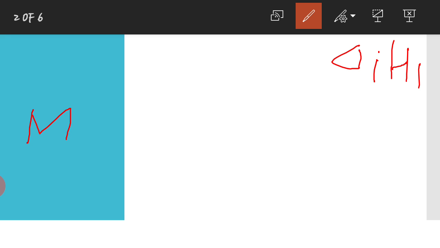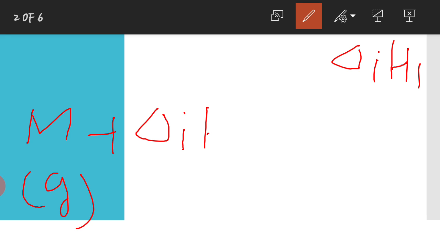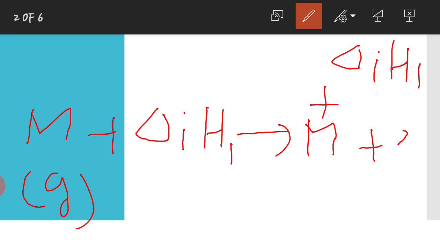M, that is atom in gaseous state, plus delta I H1 gives M cation plus electron.